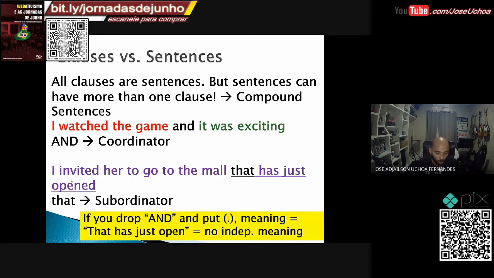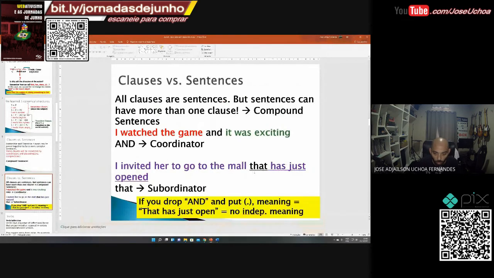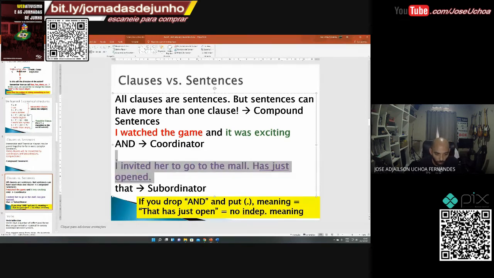Agora vejamos aqui. I invited her to go to the mall. Tira a conjunção. Period. Has just opened. E faz algum sentido? Does it make any sense? I invited her to go to the mall. Has just opened. Ou eu tenho um problema de coesão?